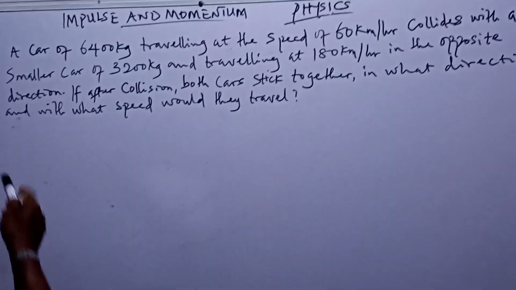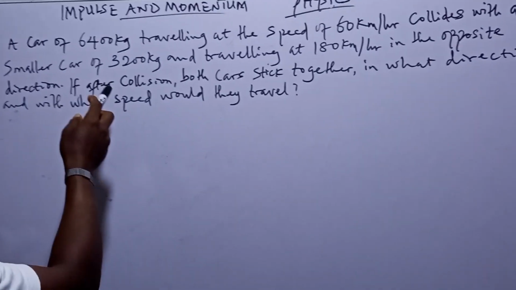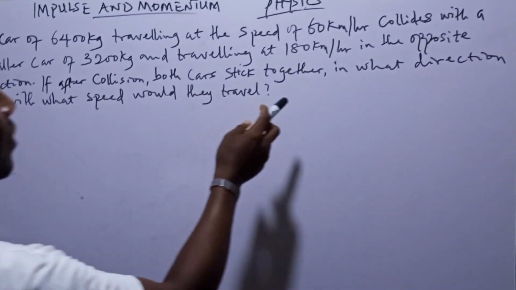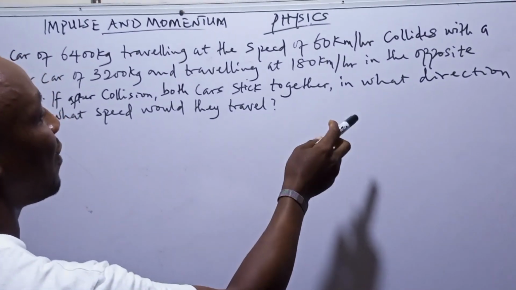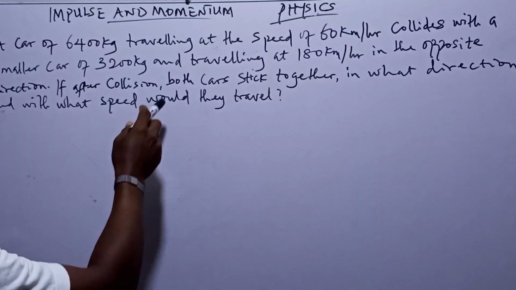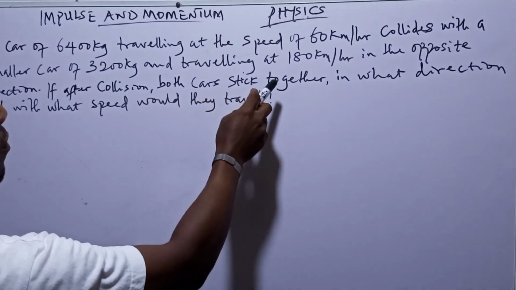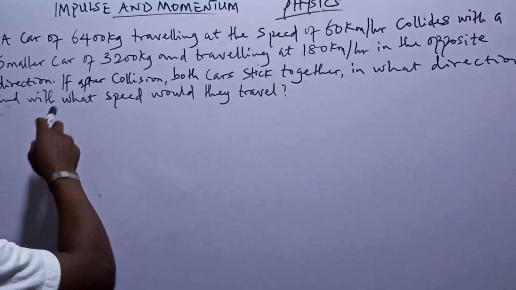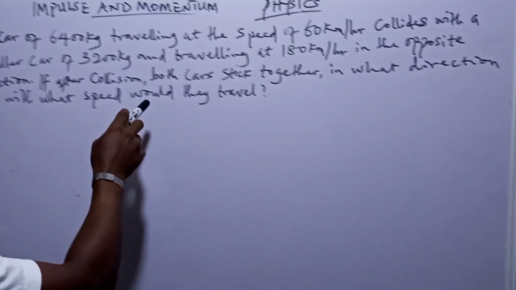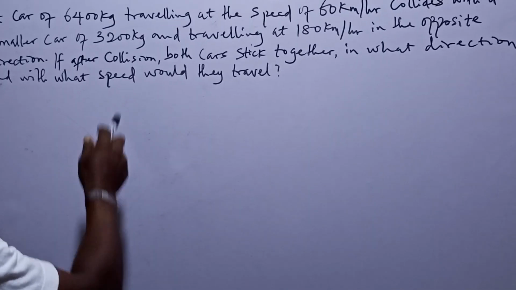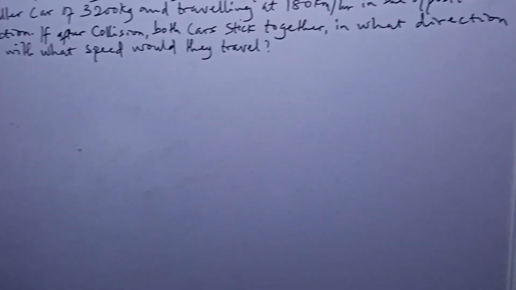This question states that a car of 6,400 kilograms traveling at the speed of 60 km per hour collides with a smaller car of 3,200 kilograms traveling at 180 km per hour in the opposite direction. Question is, if after collision both cars stick together, in what direction and with what speed would they travel?